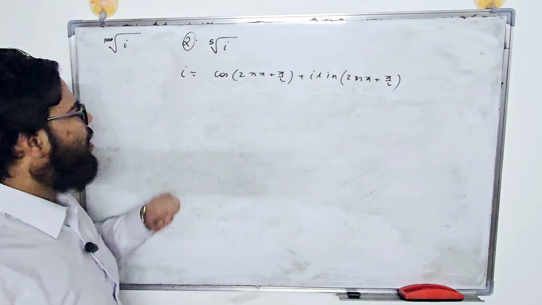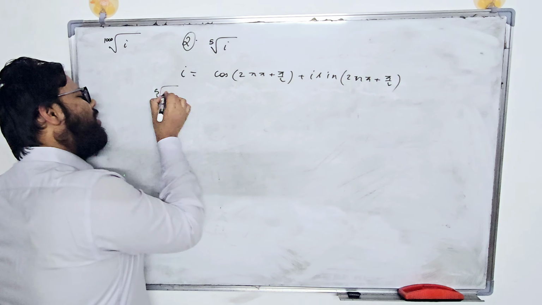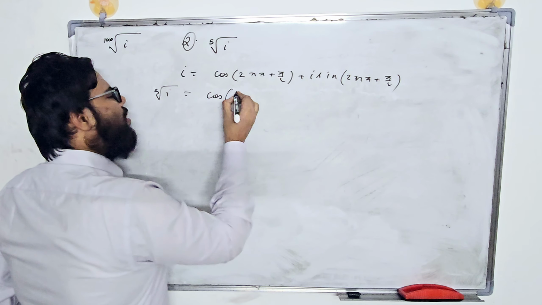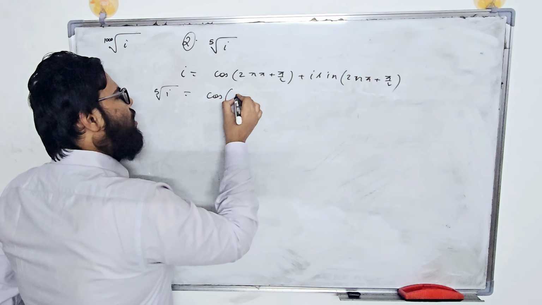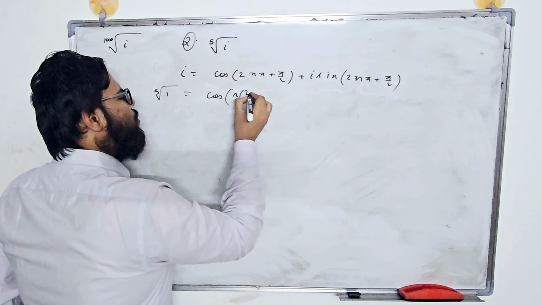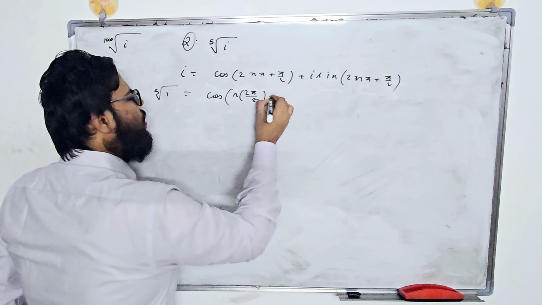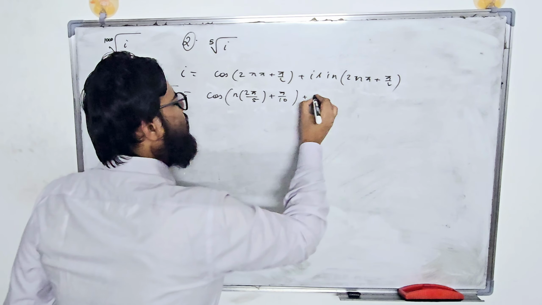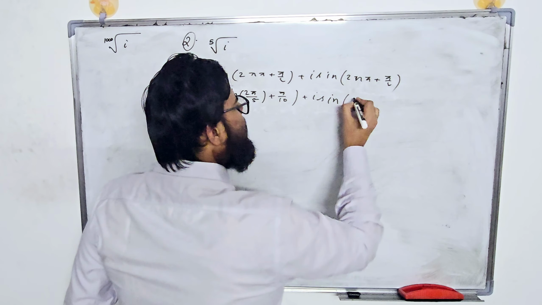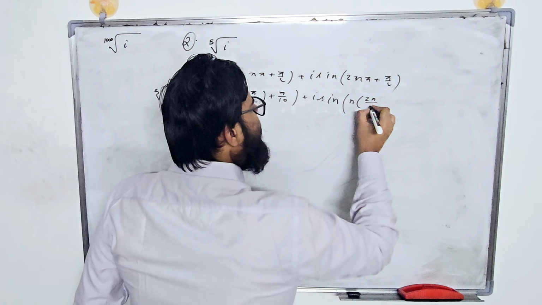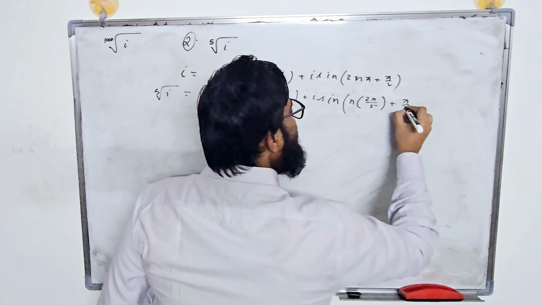You take the fifth root, and you get cos of (n times 2 pi by 5 plus pi by 10) plus I sin of (n times 2 pi by 5 plus pi by 10).